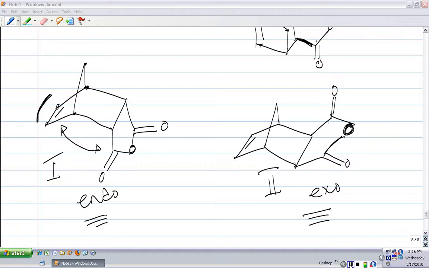So what I've done here is I've constructed a model of both the exo and the endo isomers. This one, as you might be able to tell, is the exo species. I'm hoping you guys can see this well in the camera. This would be my methylene group. This represents the carbon-carbon double bond, which is here. All of this would be the six-membered ring.